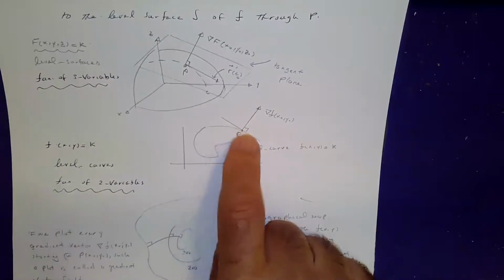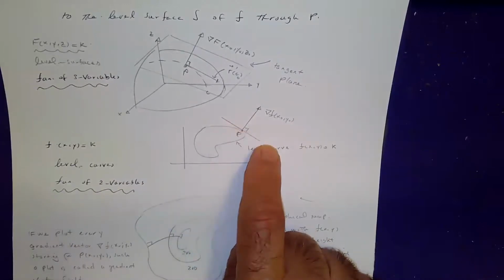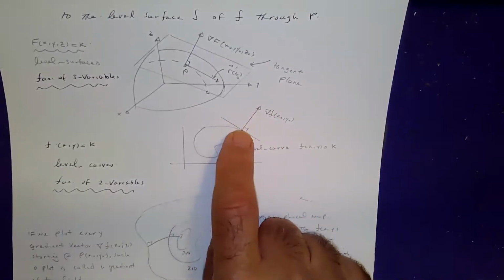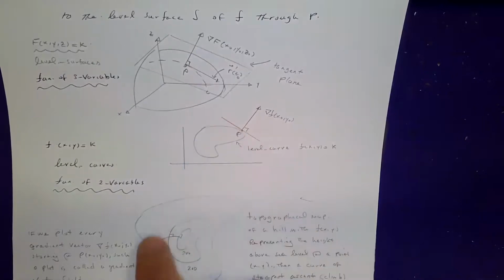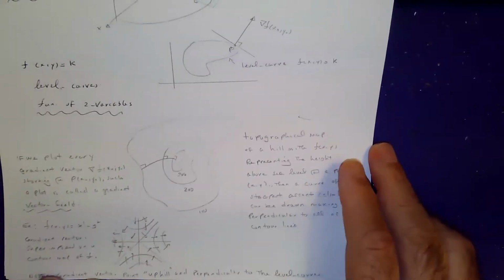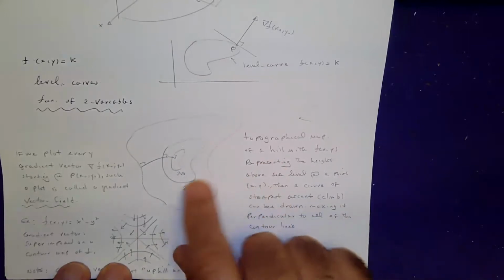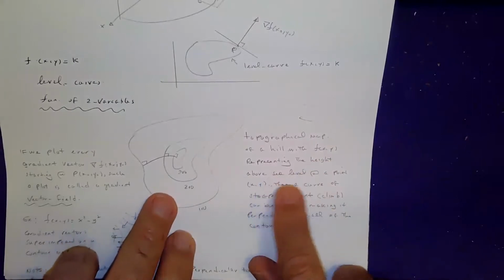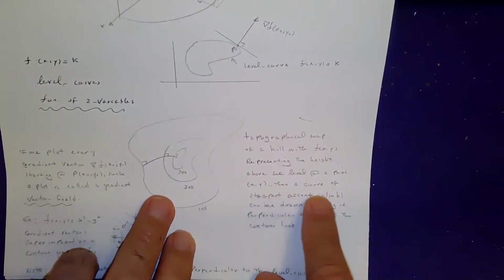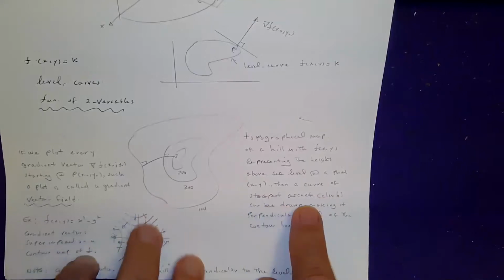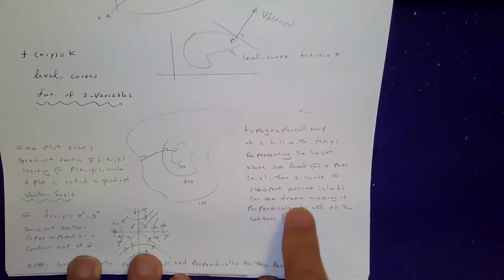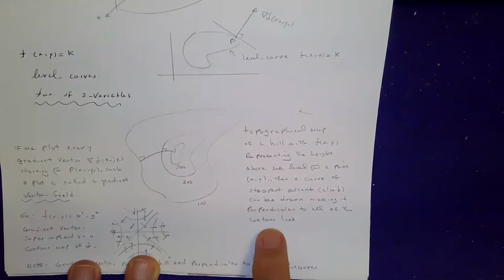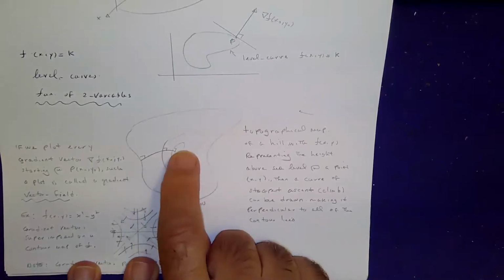And then again, here is a level curve, here's the tangent line. Notice the gradient is perpendicular to the level curve at point P, to the tangent vectors. So what happens is, if this is a topographical map of a hill with f(x, y) representing the height above sea level at a point (x, y), then the curve of steepest ascent or climb can be drawn, there it is, by making it perpendicular to all the contour lines.